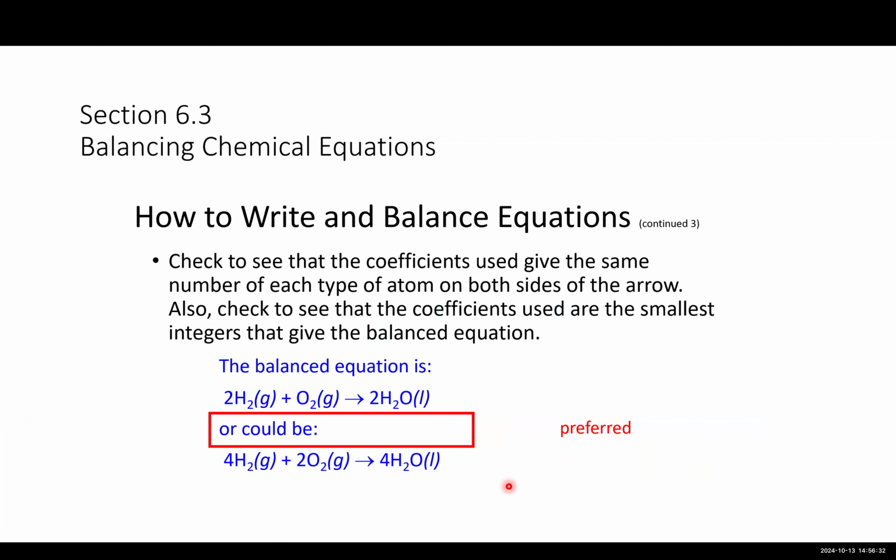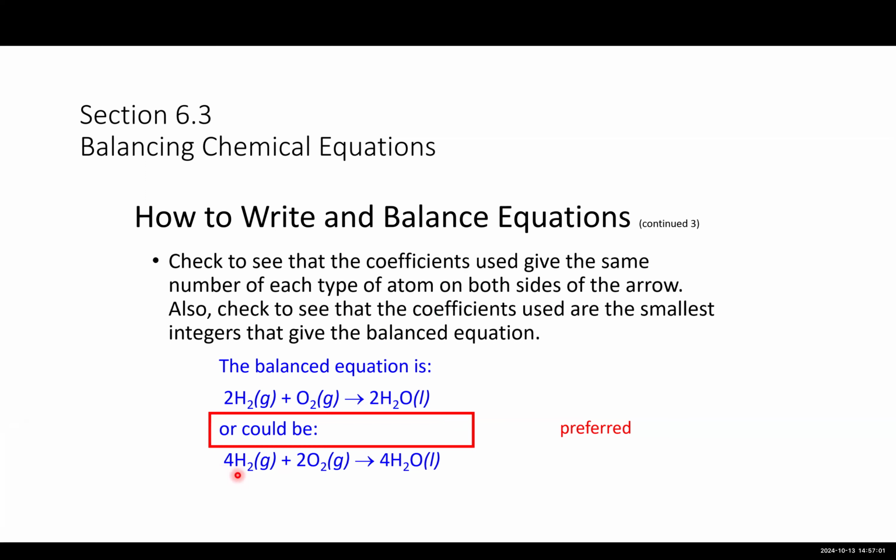Then how do you write it? You use coefficients, meaning the number 2 in front of that molecule. That means 2 hydrogen molecules and 1 oxygen molecule will produce 2 water molecules.